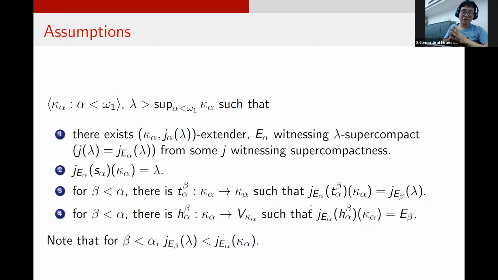Any question about this setting? I know it's a lot of details going on right now. Okay, so good. So just keep in mind that at each alpha, E alpha will save information about what's going on before stage alpha.